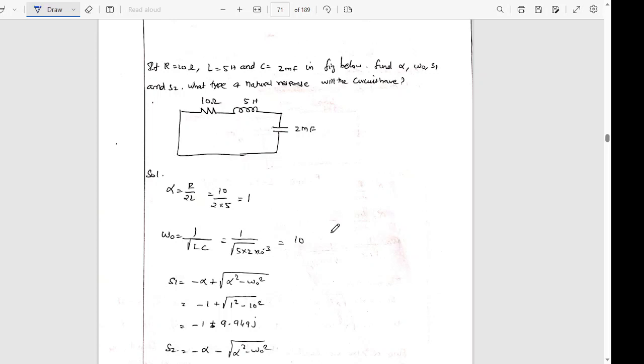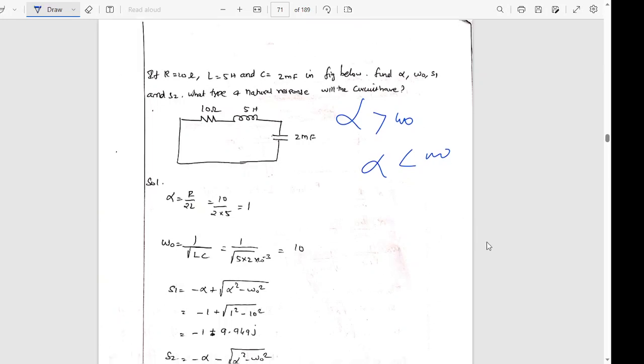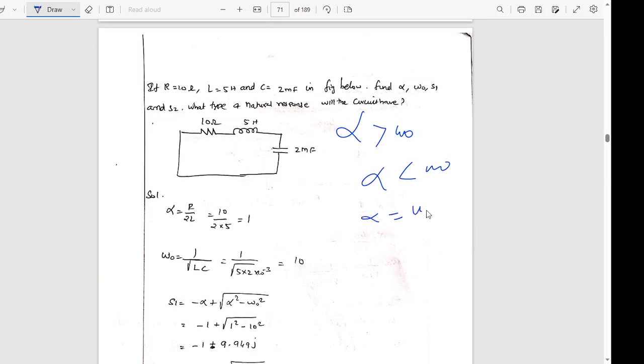So you are supposed to know all three: overdamped, critically damped and underdamped, and their cases. Alpha greater than omega naught is the overdamped case, alpha less than omega naught is the underdamped case, and alpha equal to omega naught is the critically damped case.